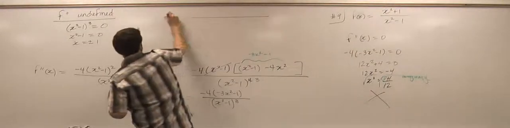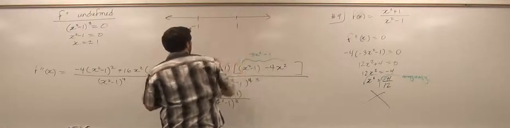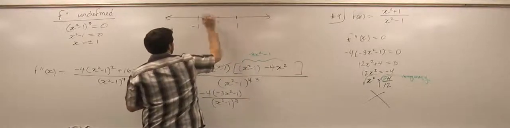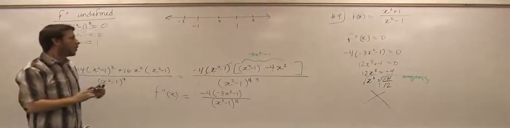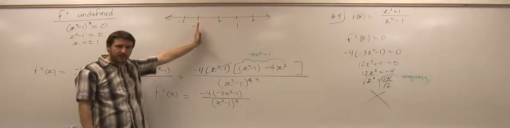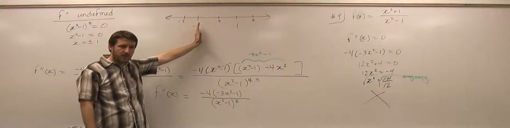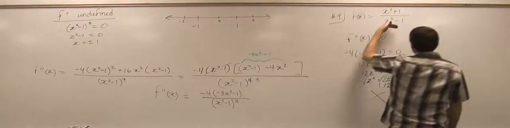Right, when we actually test for concave up and concave down, we put negative 1 and 1, and then test in between. But what you want to notice is that you can't possibly have a point of inflection here, because what do you have at 1 and negative 1? Asymptote. Right? Because your denominator on the original function is 0.